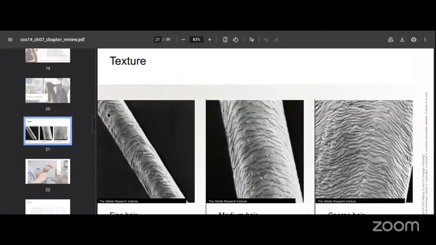Here's a term: texture. We talked about this heavily yesterday. I just want to reiterate texture. Texture is defined as the fineness to coarseness of the hair cuticle. Texture is a broad category.